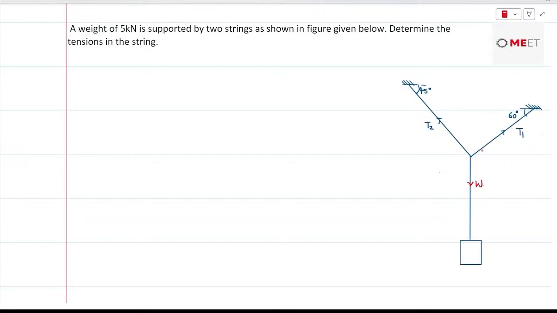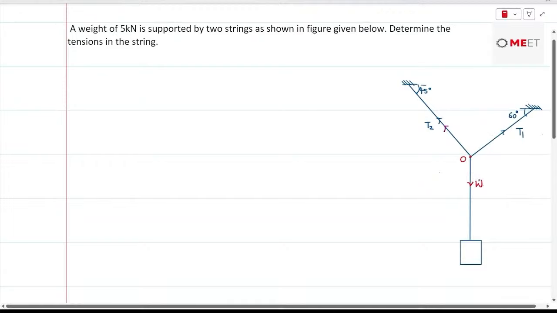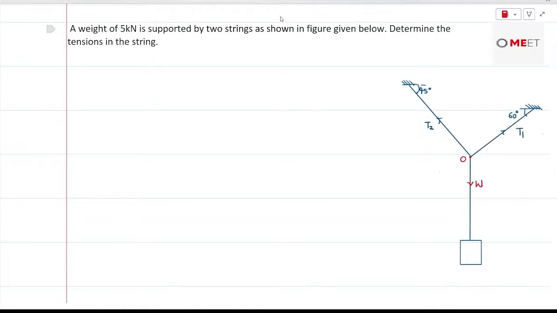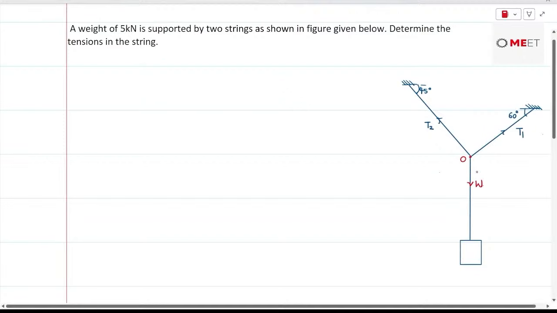So whenever you find three forces that are concurrent, passing through a single point, then Lami's theorem is applicable over here. And let's say if this is the point O, then the forces T1, T2 and W should be taken in a way that they are directed away from O, or they should be directing towards O. And then only you can apply Lami's theorem.